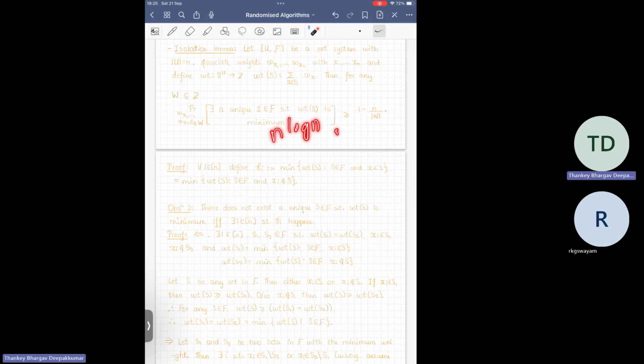Yesterday we said that MVV gave a parallel algorithm which ran in time order n log square n, right? But if picking the weights takes that long, then even in parallel your running time would end up being order n log n. So you won't get a parallel algorithm with good efficiency.